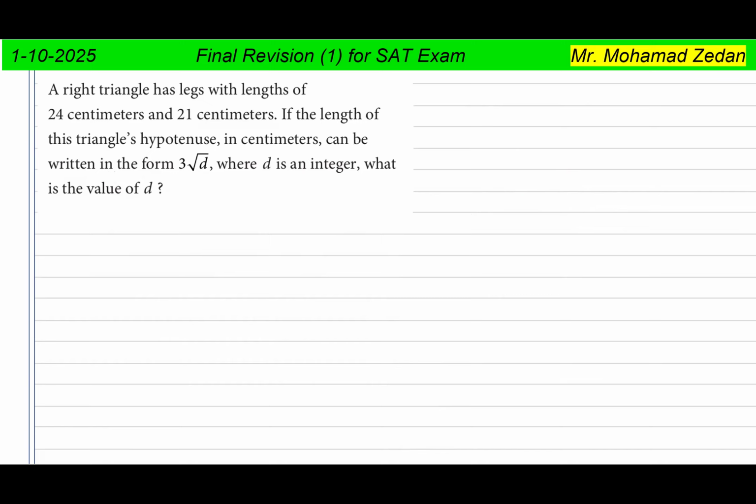And now this question, a little bit harder one. You try to solve it right now. A right triangle has legs with lengths of 24 centimeters and 21 centimeters. Okay? Again, when I say right triangle with legs, legs mean the two sides of the right angle.